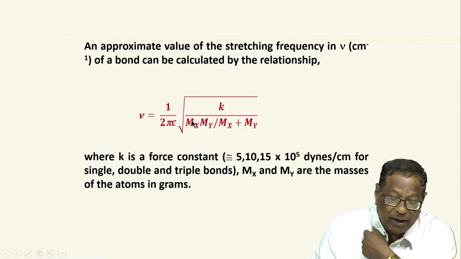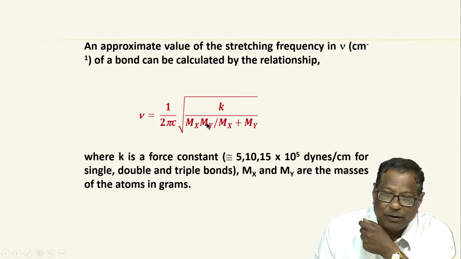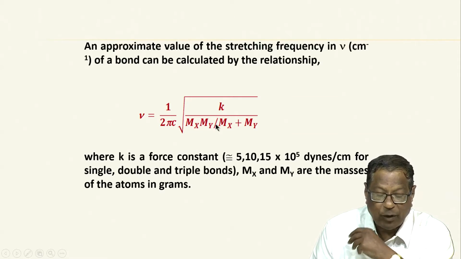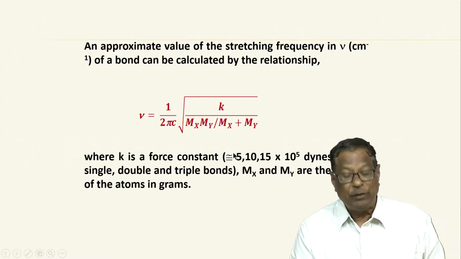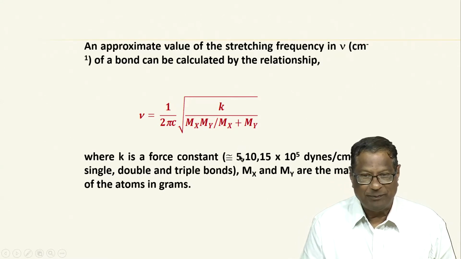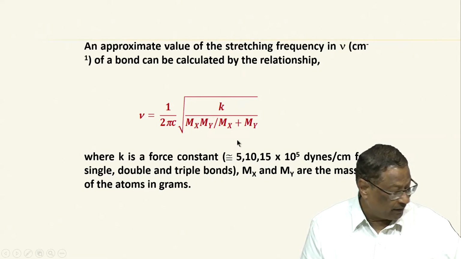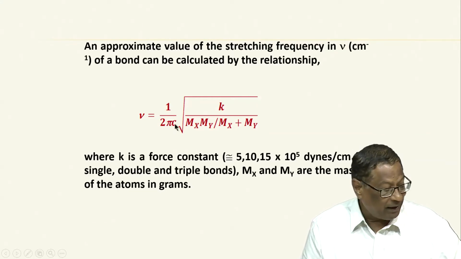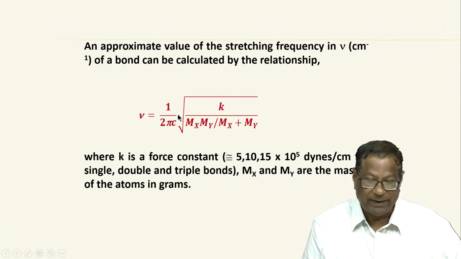If it is carbon, it is 12. If it is hydrogen, it is 1. Oxygen is 16, like that. The quantity mx my divided by mx plus my is known as reduced mass. This is important. If I know the atomic weights and the force constants, I can predict where I get the infrared peak.